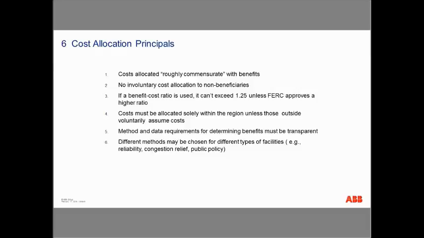The cost must be allocated within the region unless those outside voluntarily assume costs. And I would love to see that case where someone decides to take on costs when they don't have to. But this just says the region can't assign or allocate costs to those entities that are outside the region, but they may voluntarily assume costs.